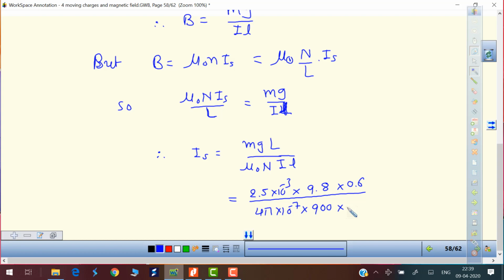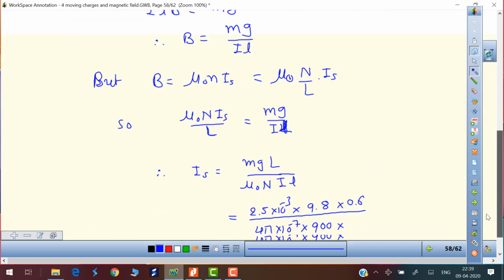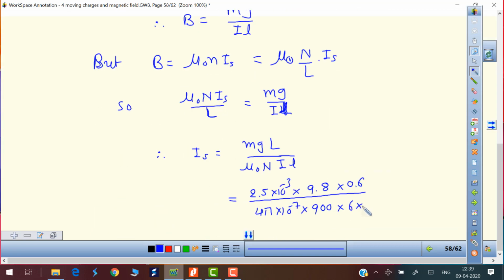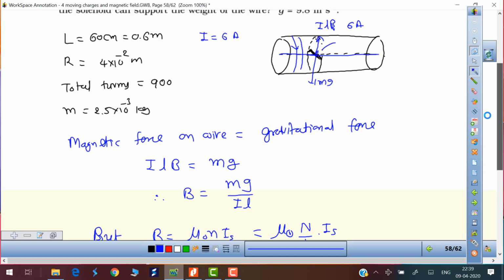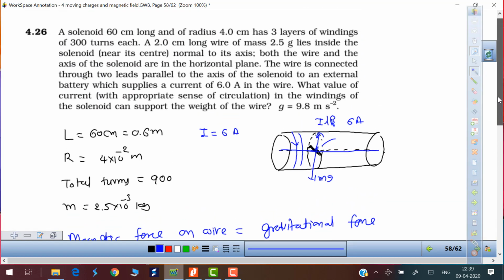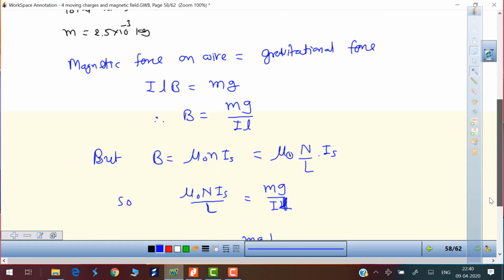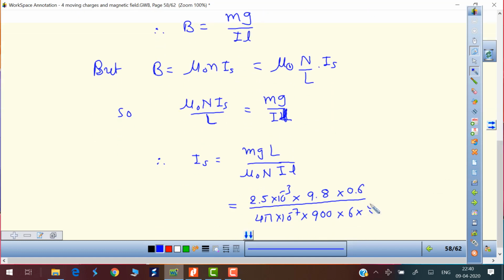Current is 6 ampere, and the length of the wire is 2 centimeter, so 2 into 10 raised to minus 2.